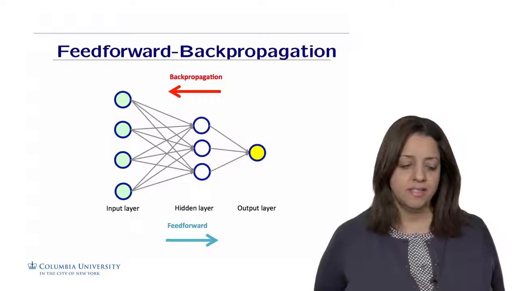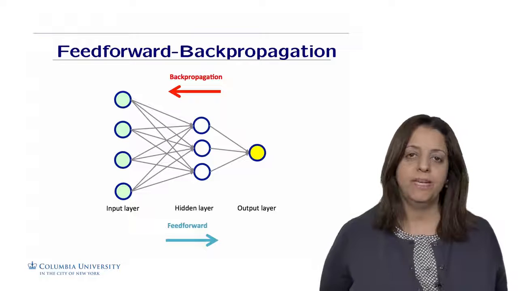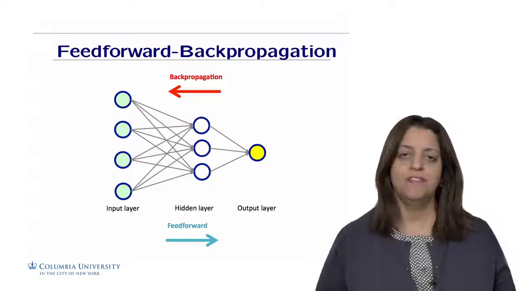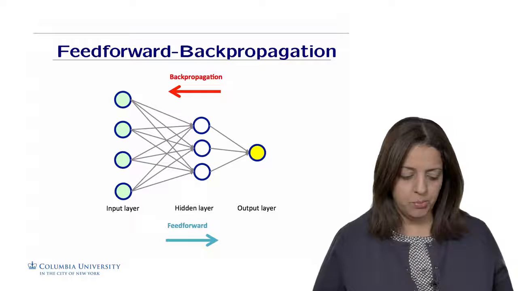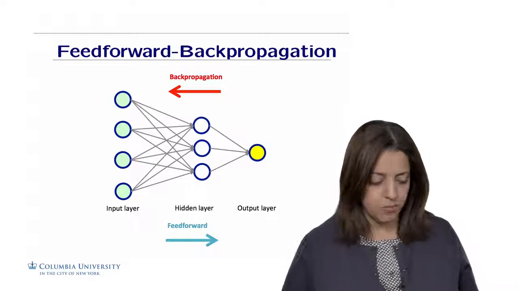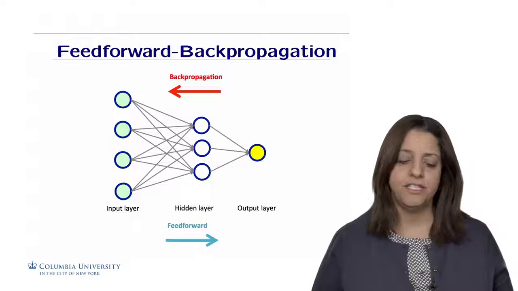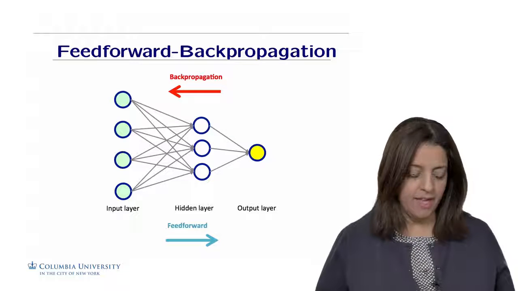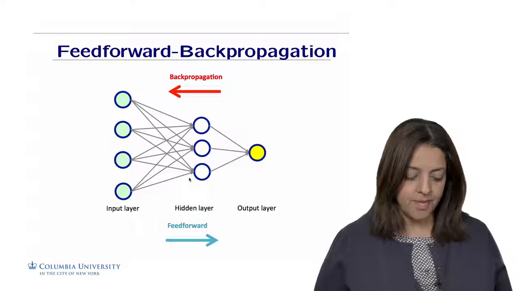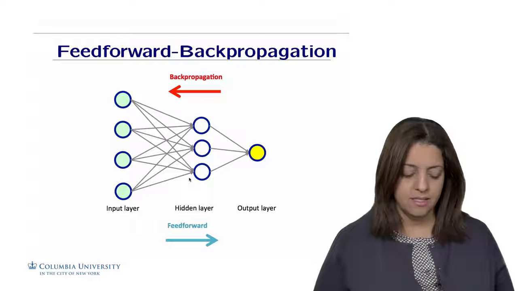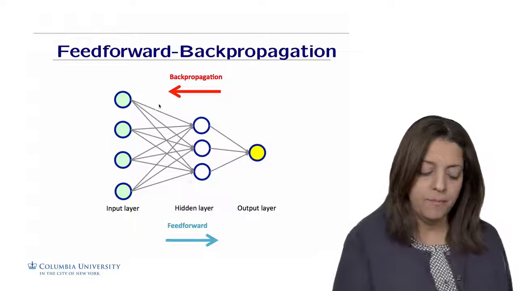To clarify these concepts of feed-forward and backpropagation, let me give you an example of a fully connected neural network with one input layer, one hidden layer, and one output layer. Observe that this is a fully connected network in which every neuron is connected to all the neurons in the next layer. There are also weights on the different connections.